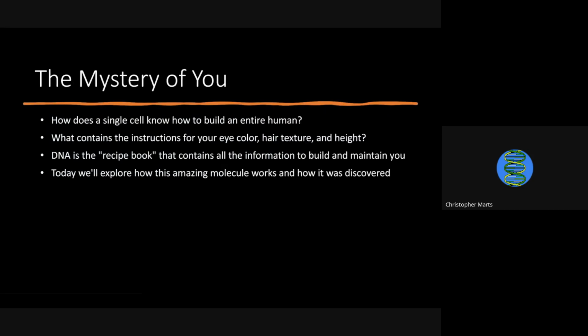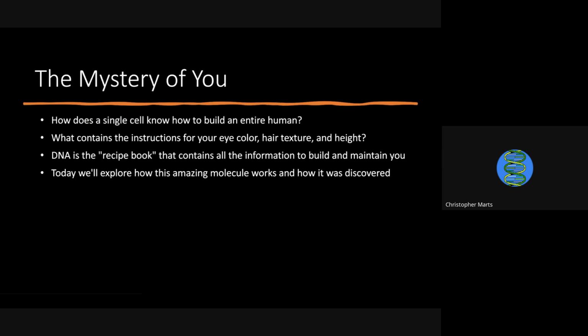We start with this question of how does a single cell know how to build an entire human? So we're looking at the information in us that determines that, and what actually contains those instructions. So what determines your eye color or your hair texture, your height, all those.